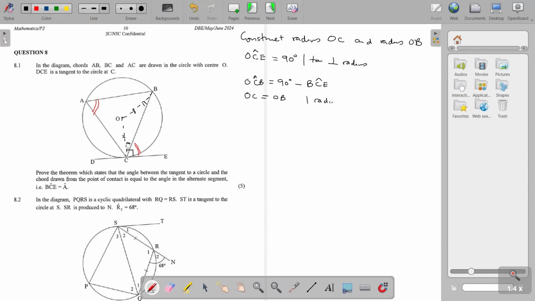You'd realize that angle OCB will be equal to angle OBC.